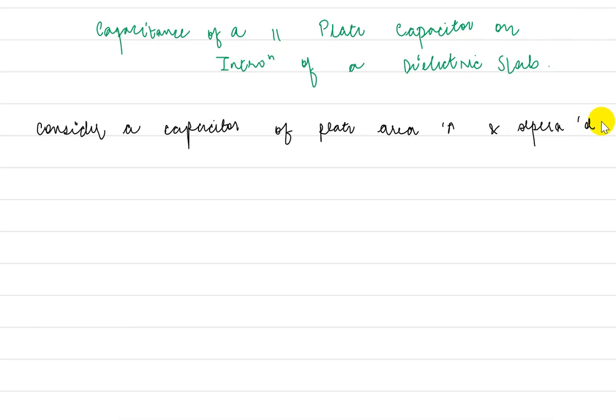So we have a capacitor, that is this. The plate area is A and the distance between the plates is D. We know that the electric field will be towards this direction.